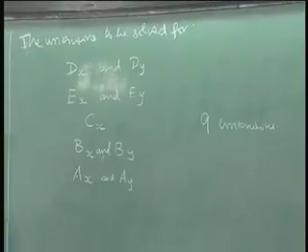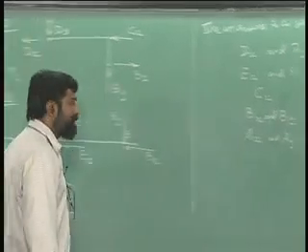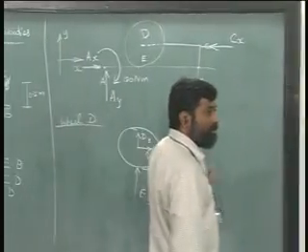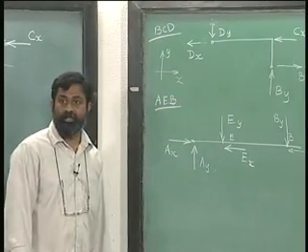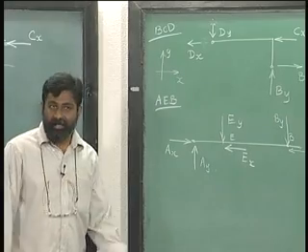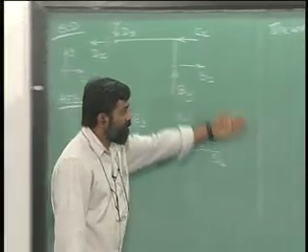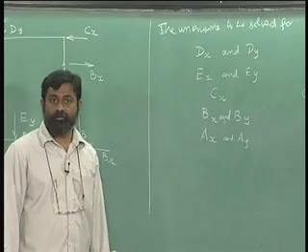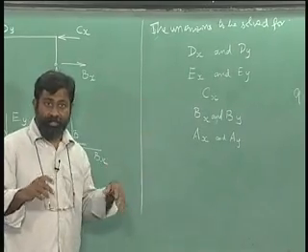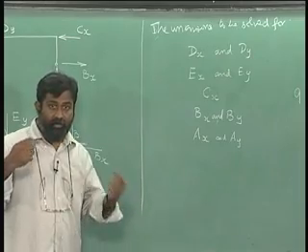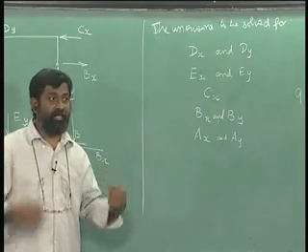Can I write down 9 equations? The answer is yes, because I have 1, 2, 3 rigid bodies, each can generate 3 equations, and therefore I can solve for the 9 unknowns. Now if I do it this way it will be a long procedure, so let me look for certain simplifications that I can do.